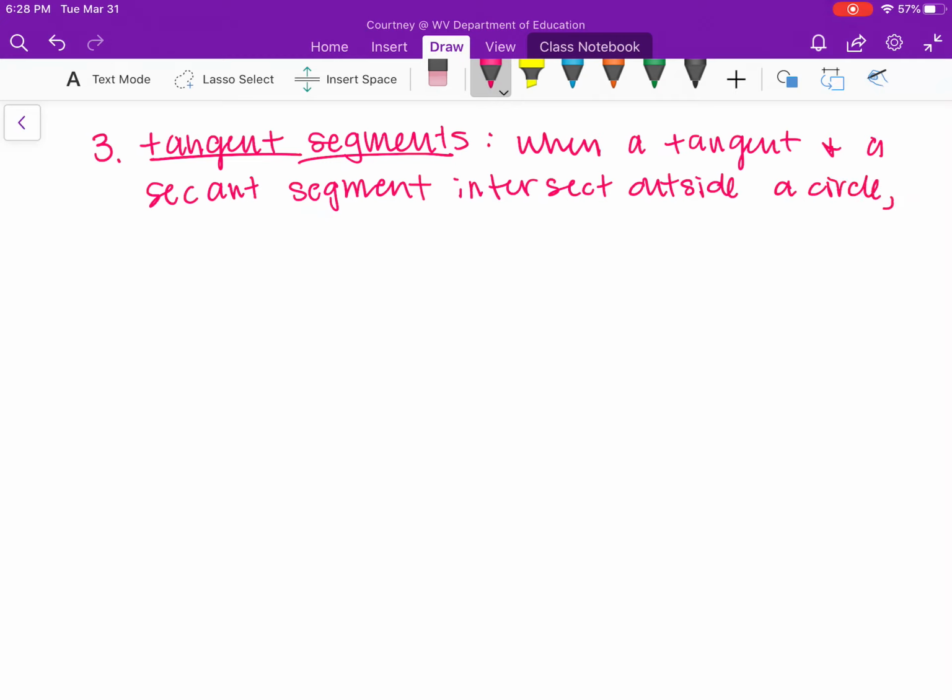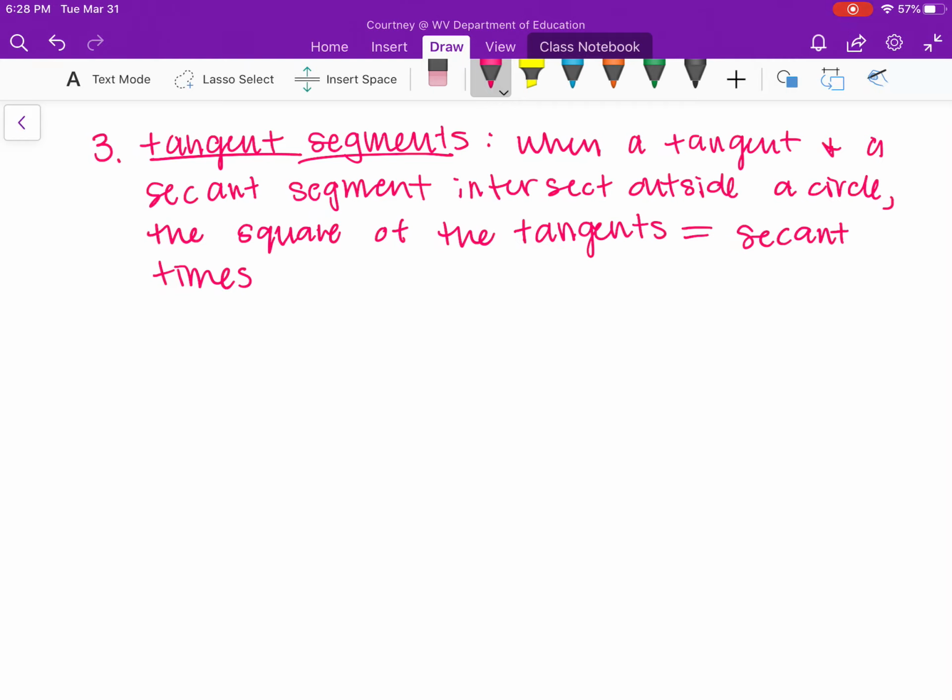Okay, so we have one tangent and one secant. The square of the tangent equals secant times outside segment.